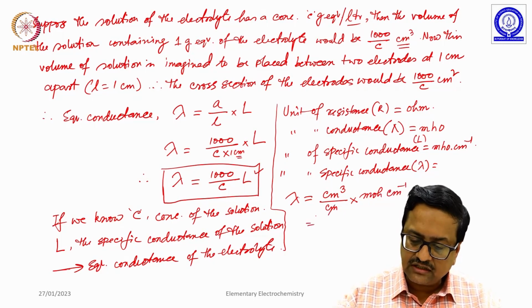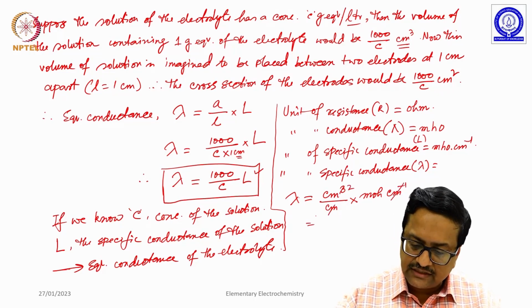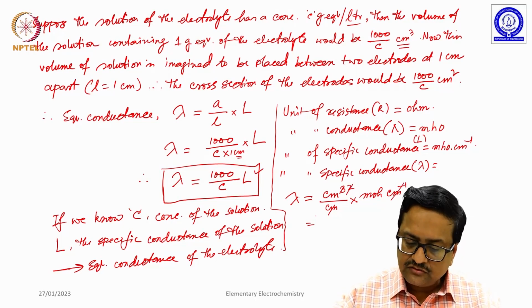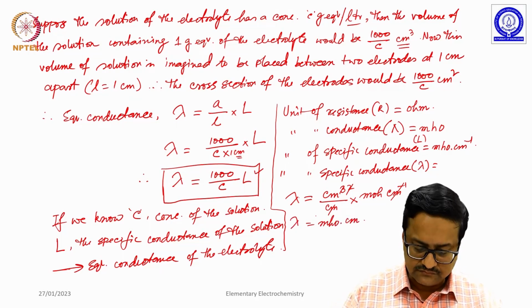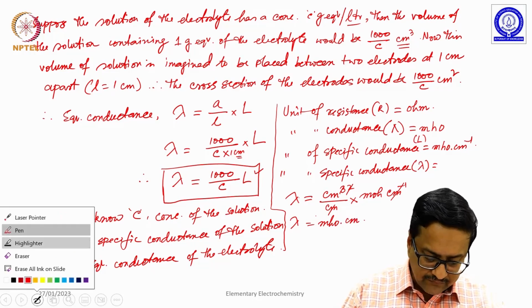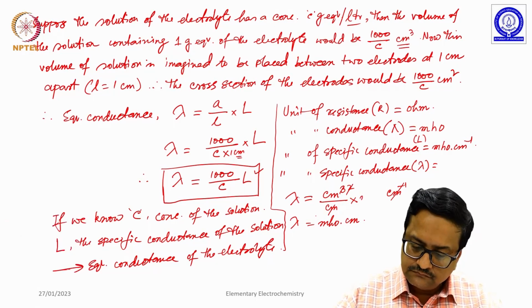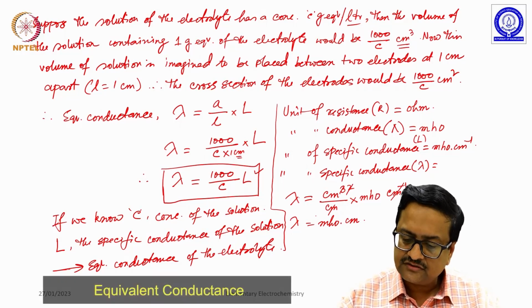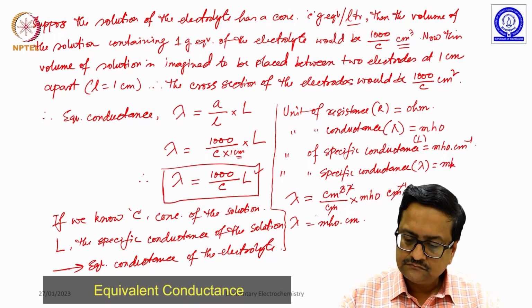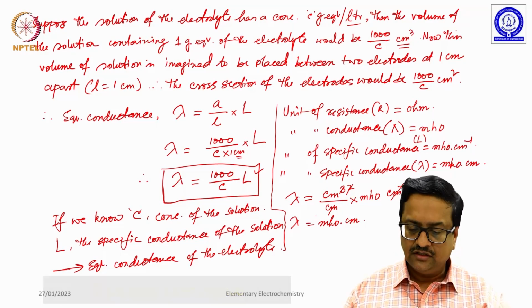So, one centimeter gets cancelled, and what remains is centimeter square. So, lambda will have the unit of mho centimeter square.